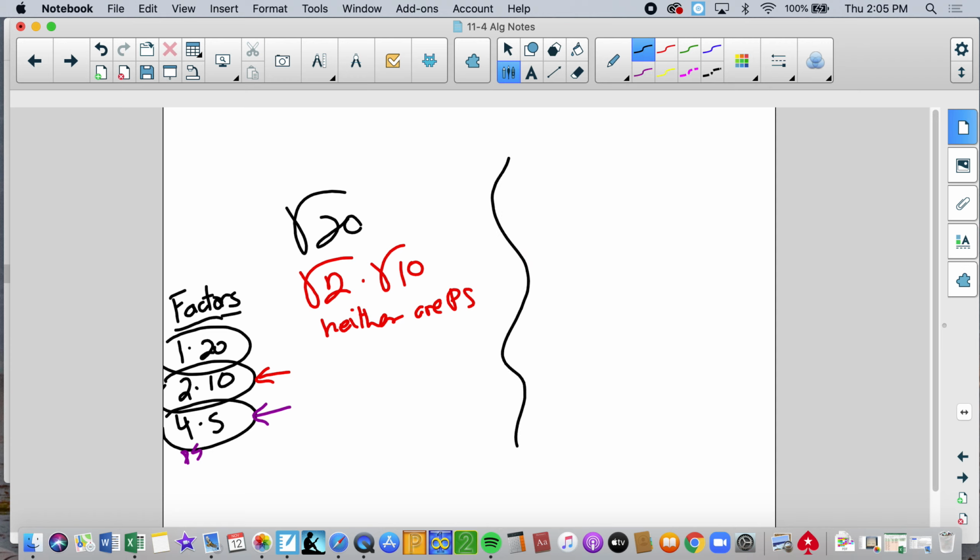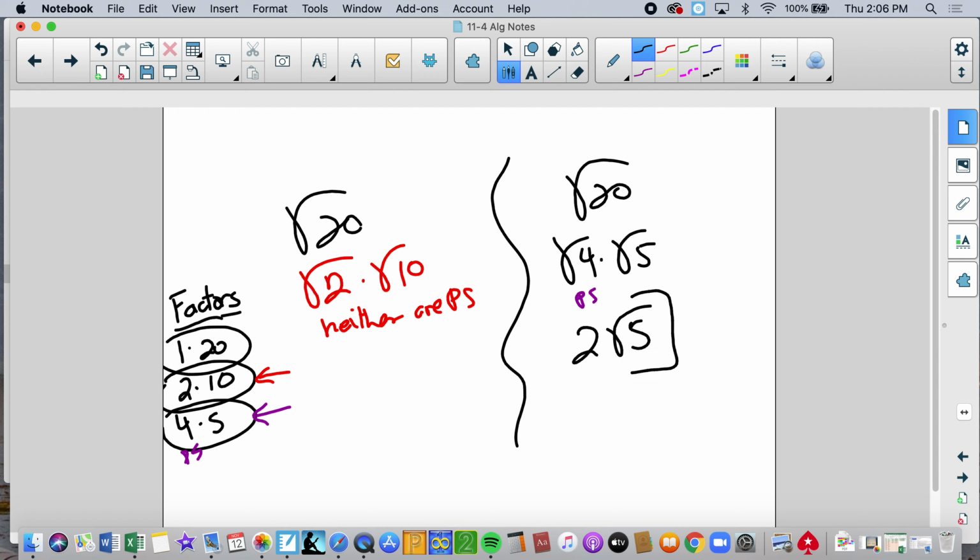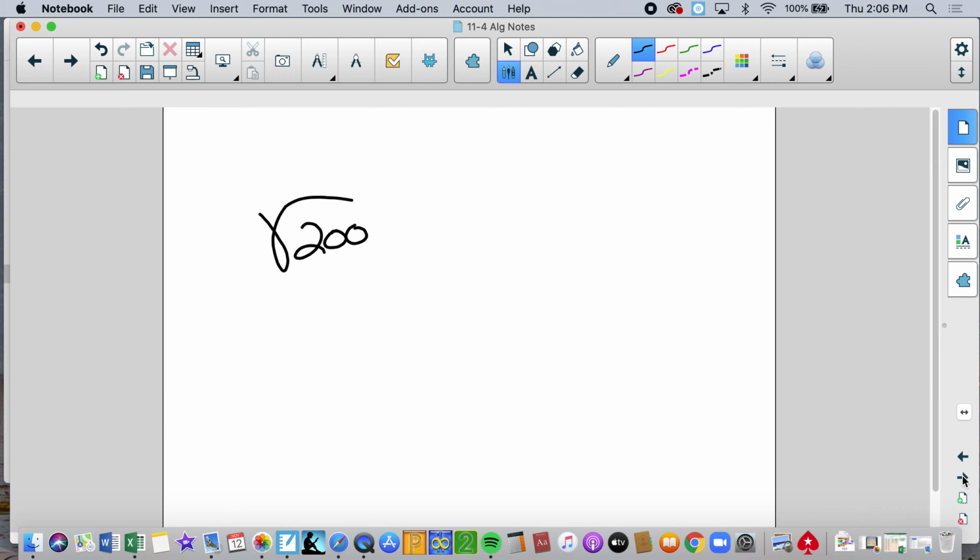That would be beneficial because we could break the square root of 20 into the square root of 4 times the square root of 5. And we chose 4 and 5 because 4 is a perfect square and we can simplify it. That turns to 2 rad 5. So I have simplified this radical. Square root of 20 can be simplified to 2 times rad 5.